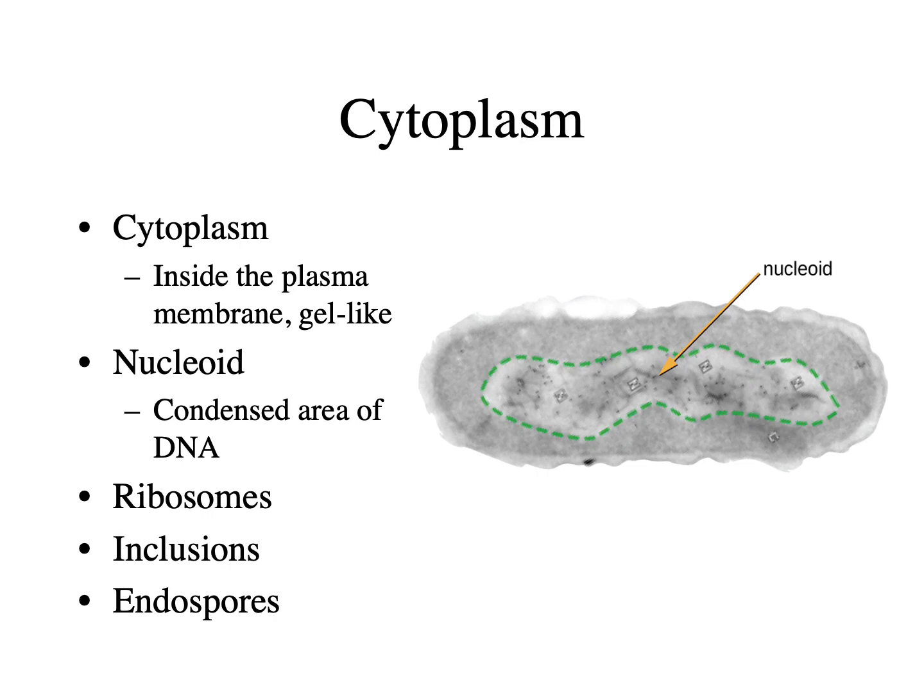Instead, it has loose DNA material, and it's condensed into this area called a nucleoid. Not a nucleus, but a nucleoid, which is like a nucleus, but not. So, in the cytoplasm, you will also have ribosomes, and you may also have inclusions and endospores.